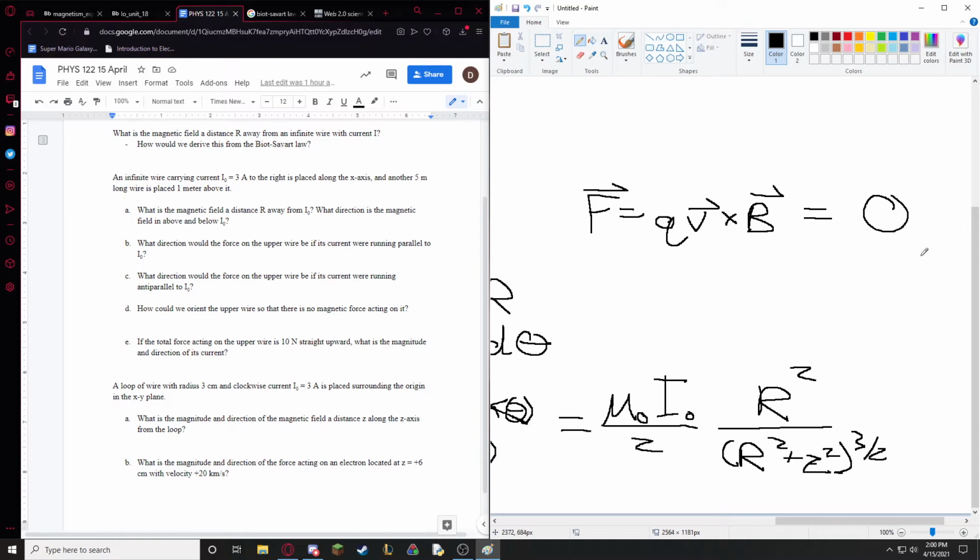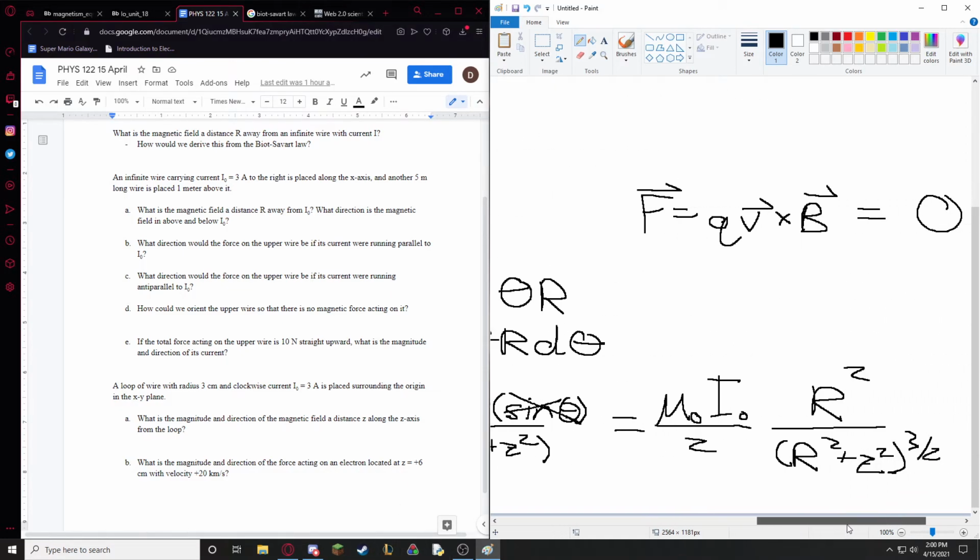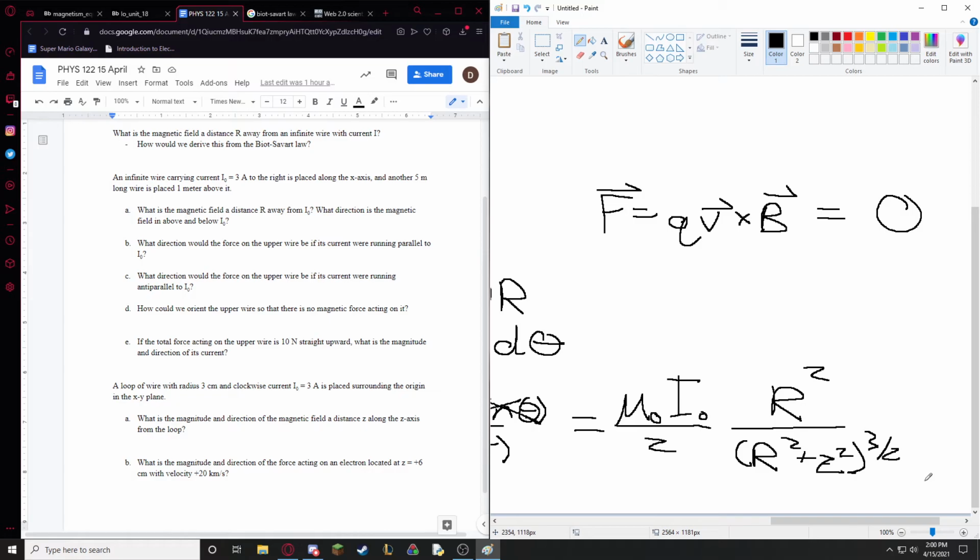And so now, what if instead our electron were to move in the x direction? What would be the force acting on the electron if the electron were moving in the x direction? Let's take like 3 minutes, then we'll talk about it. So we have our magnetic field, we have the electron, we have its location, and we have its velocity.